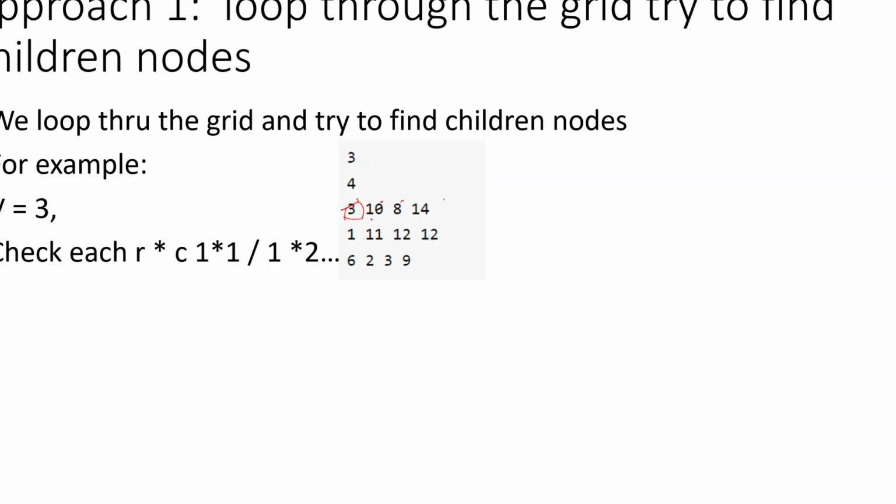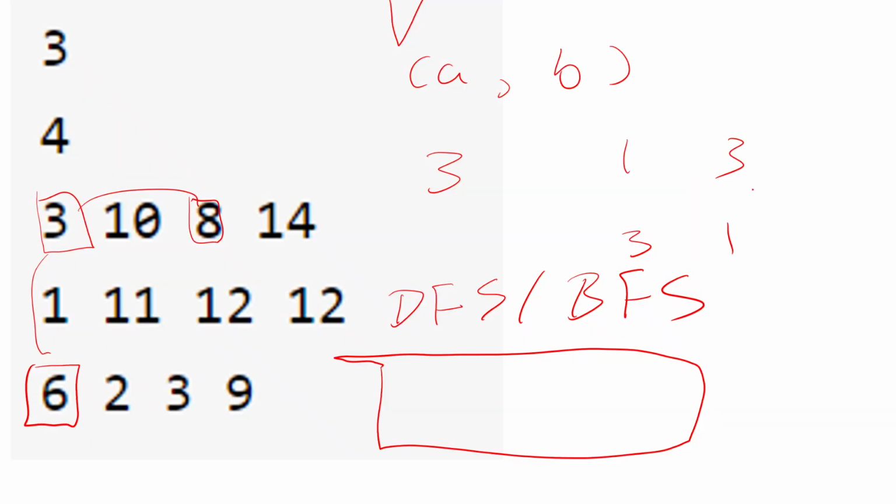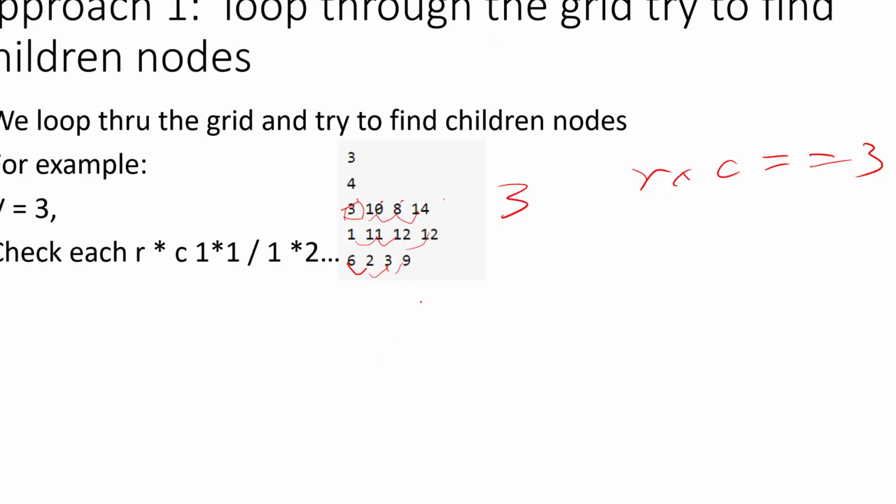So if you have a 3 on hand, you go from this cell to that cell, to every cell, and check if row times column equals 3 or not. If it equals 3, it means it is a children node. If it doesn't equal 3, then you just ignore it. It doesn't matter.